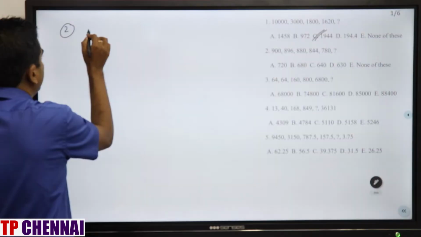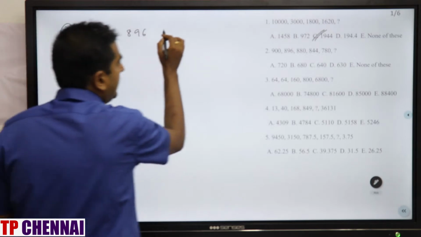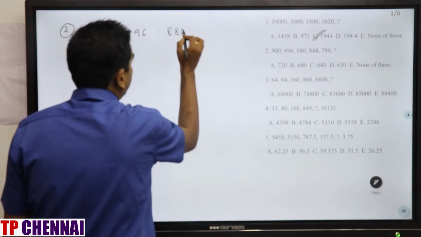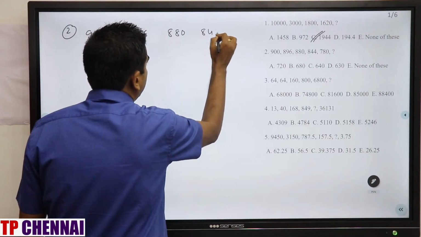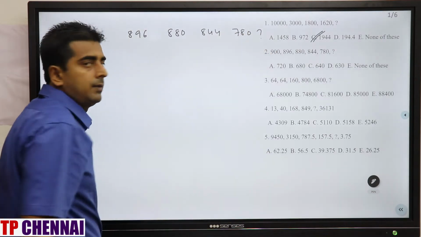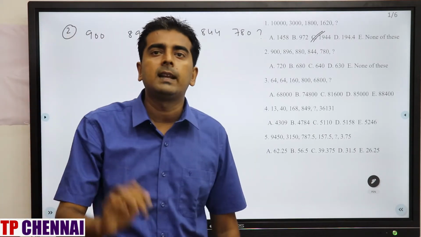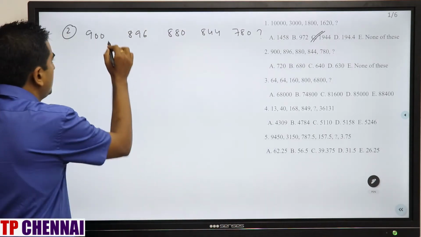Next one. 900, 896, 880, 844, 780, and then you are having a question mark. Difference logic, because the series is not that much fast, right? So what is the difference here?